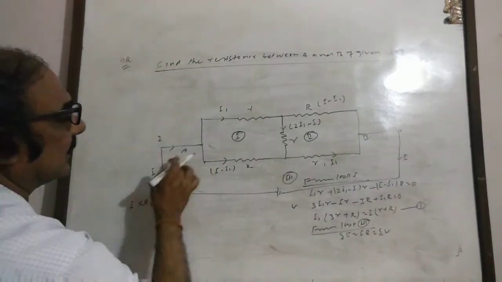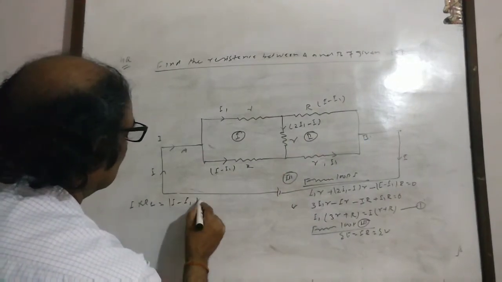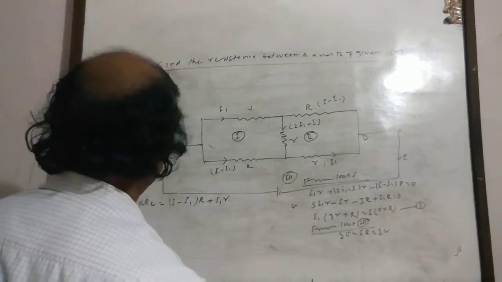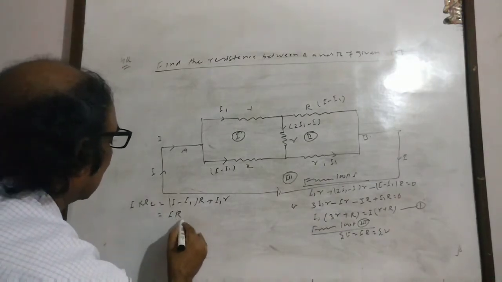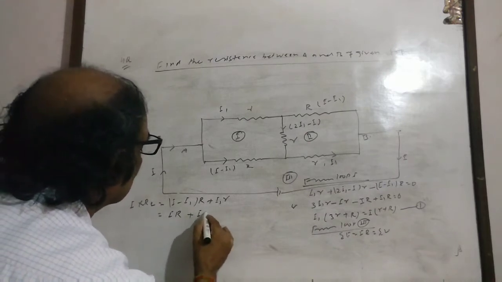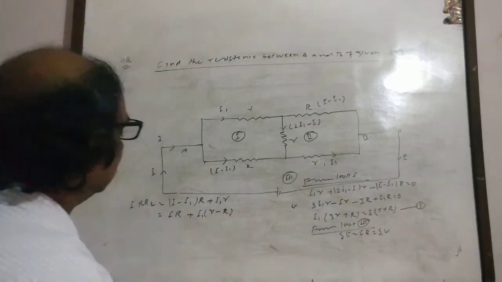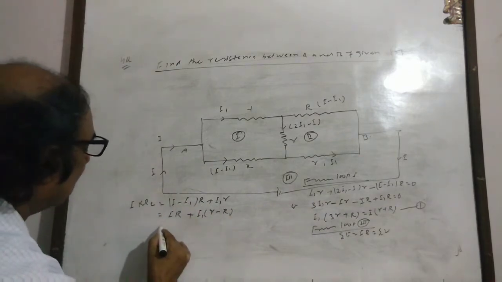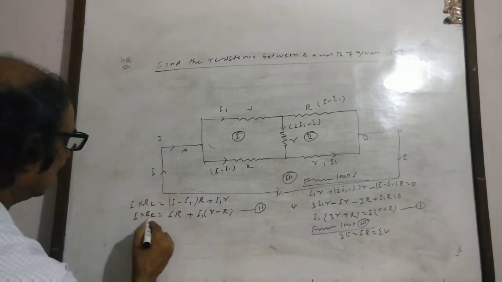R equivalent equal to I minus I1 R plus I1 R minus capital R. IR, I1R minus I1R. And this is equation number 2. I into R equivalent.